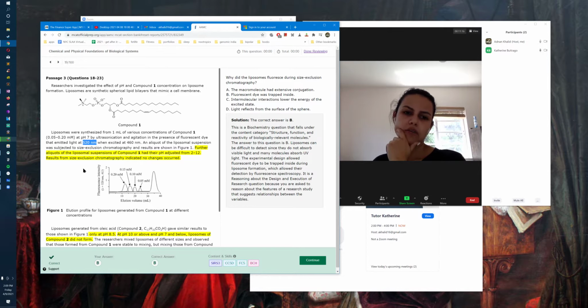How is the fluorescence intensity related to the pH? So they're basically, all right. You know what? This is a good time for me to write down how to go about a passage. So here, I'll write it down.